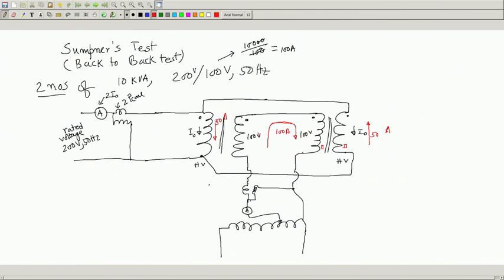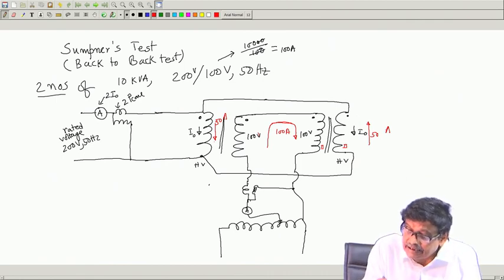Therefore, I force some current to flow in this secondary coil. In this case, LV side, I think it would have been better for this transformer even to consider 100 volt to be the rated supply, because of ammeter rating and wattmeter, but anyway for just understanding purposes. So, this is 100 ampere and then reflected current here 50 ampere, 100 ampere, reflected current this way.